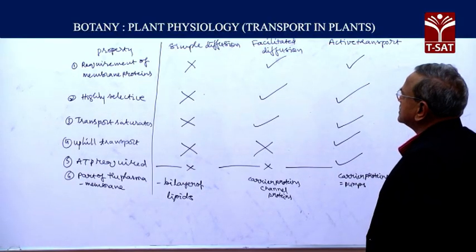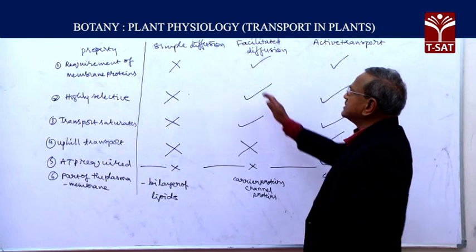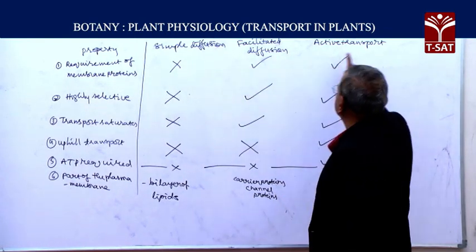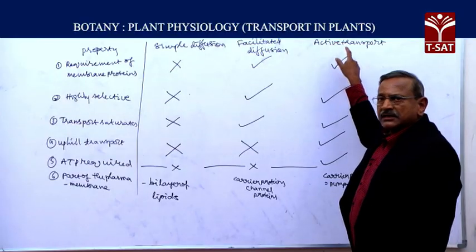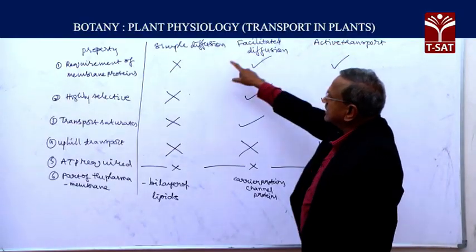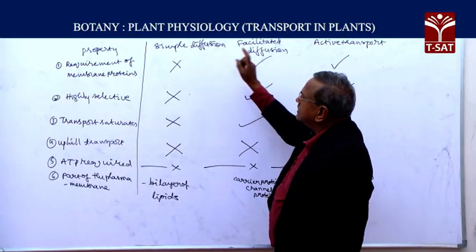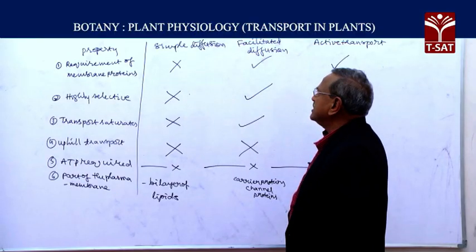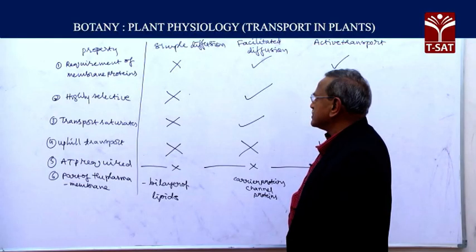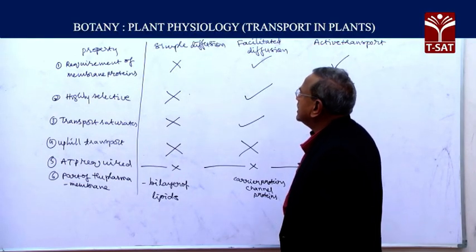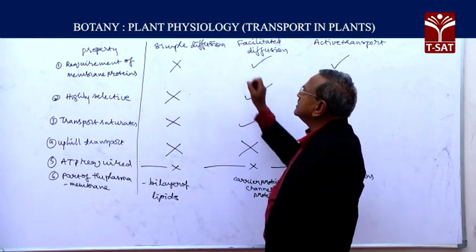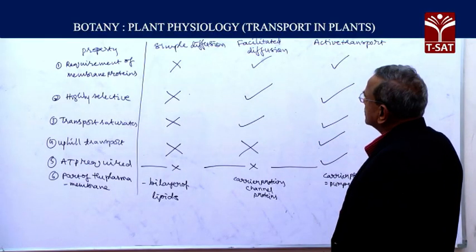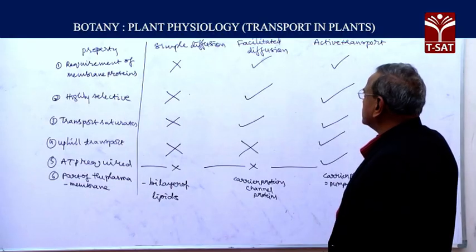The first being simple diffusion. No living system is required for this, whereas facilitated diffusion and active transport require a living system, and simple diffusion can occur in non-living also. And what is its importance? In case of plant life, all gases diffuse in the plant body, and diffusion is the only method where each and every living cell receives CO2 and also O2.